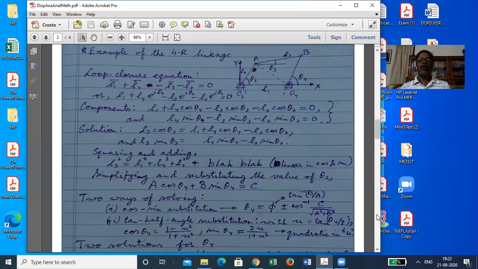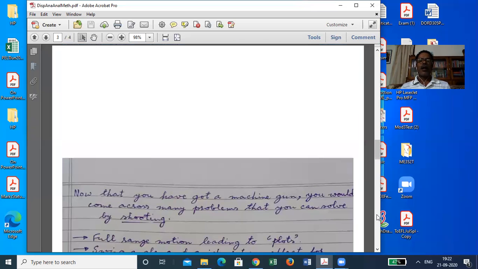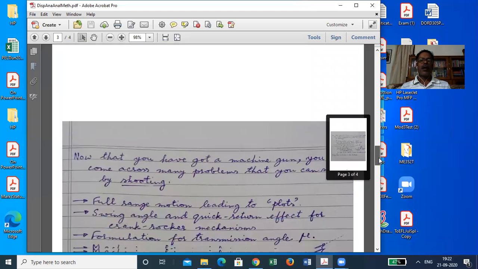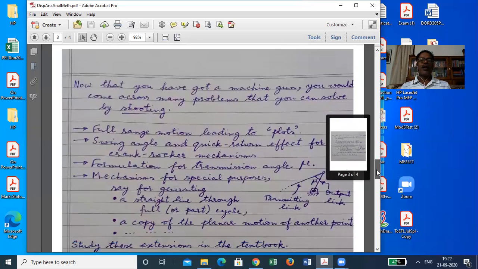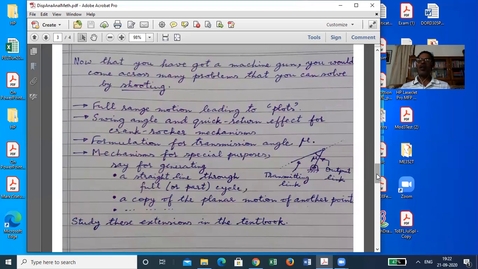And now, the analytical method has a lot of advantages, and it is very powerful, and you can use it again and again as many times as you want with this kind of ease, with no extra effort, no extra labor.